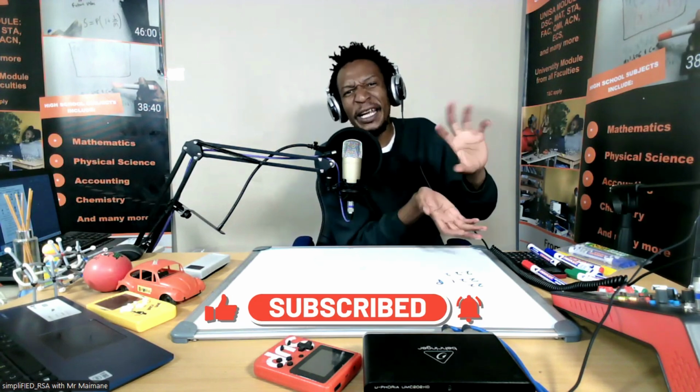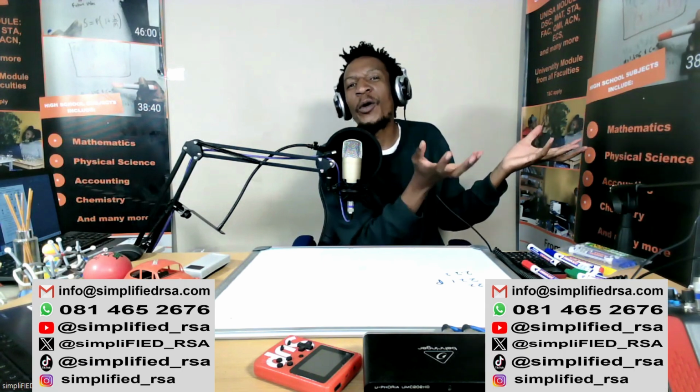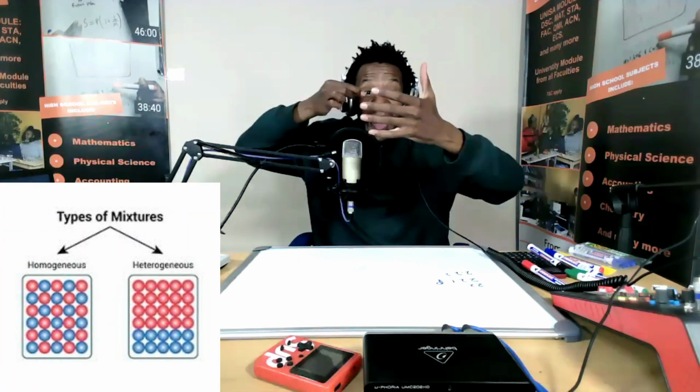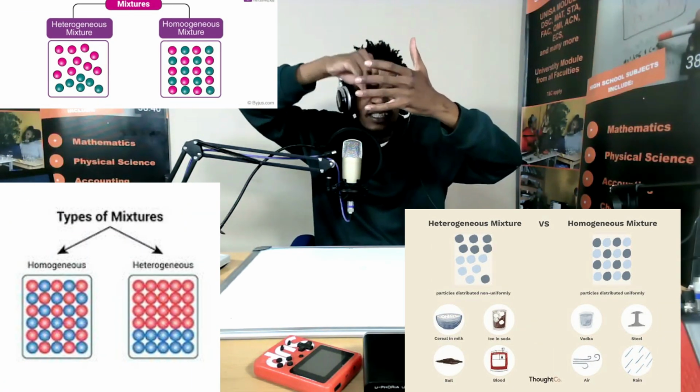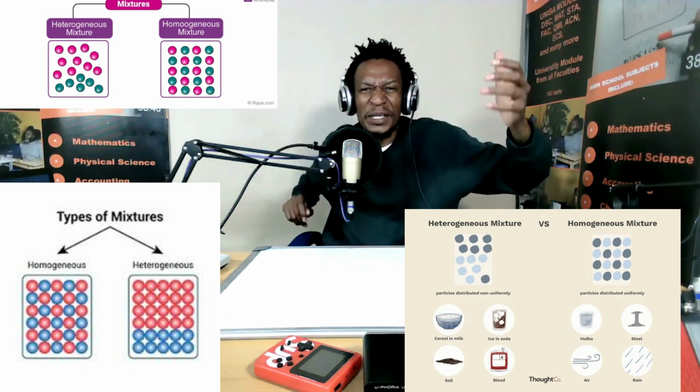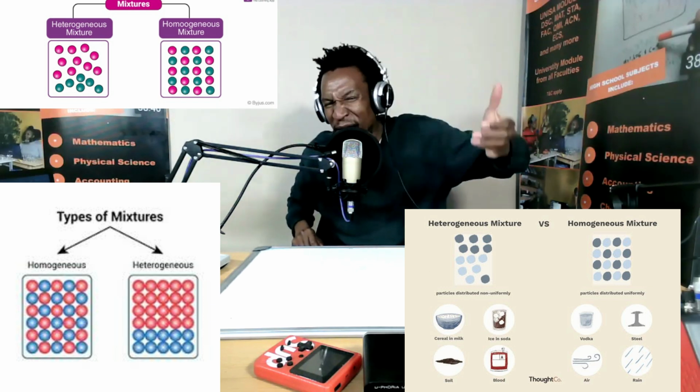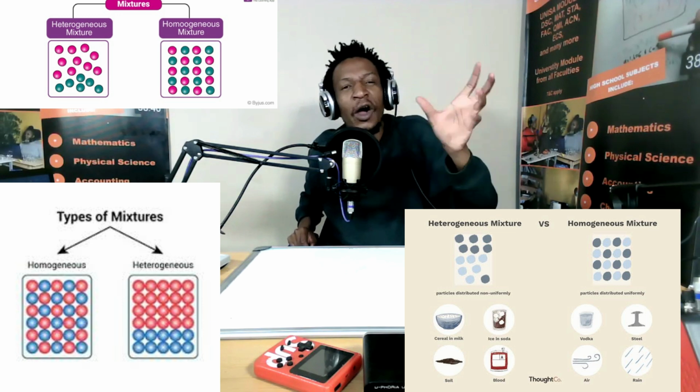Whether it be liquid, solid, or gas, it doesn't matter, but we have two types of mixture. We have homogeneous mixture, we have heterogeneous mixture. A homogeneous mixture is a mixture in which, with your own eyes, you can't differentiate the particles that are mixed there, whether they be substances, particles, whatever it could be.